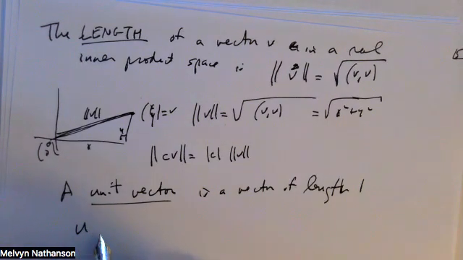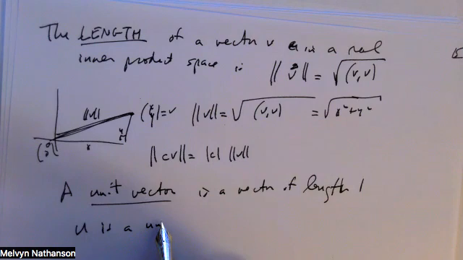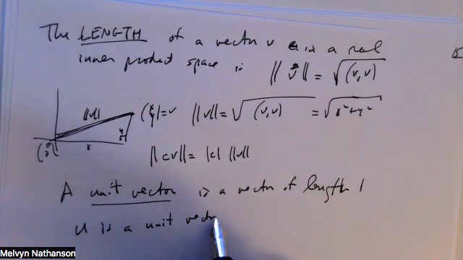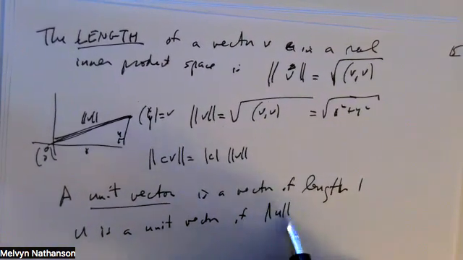So U is a unit vector if the length of U is 1.